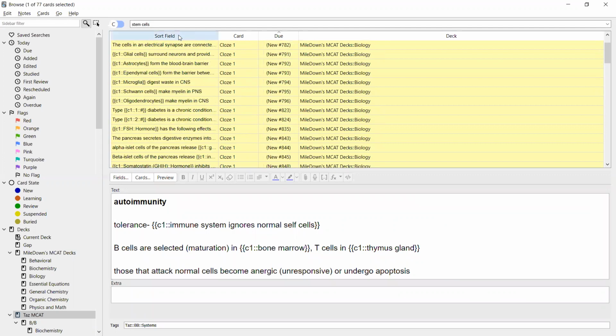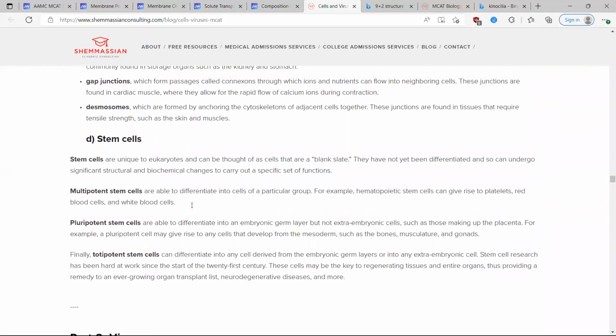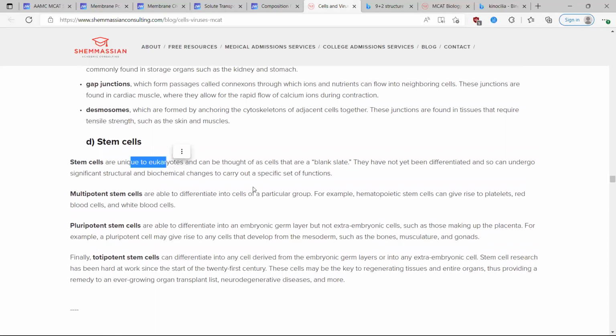Okay, I don't see stem cells, but basically, stem cells are unique to eukaryotes, right? And they're cells that are undifferentiated. The reason that you hear so much about stem cells in the news is because stem cells are cells that have unlimited potential.